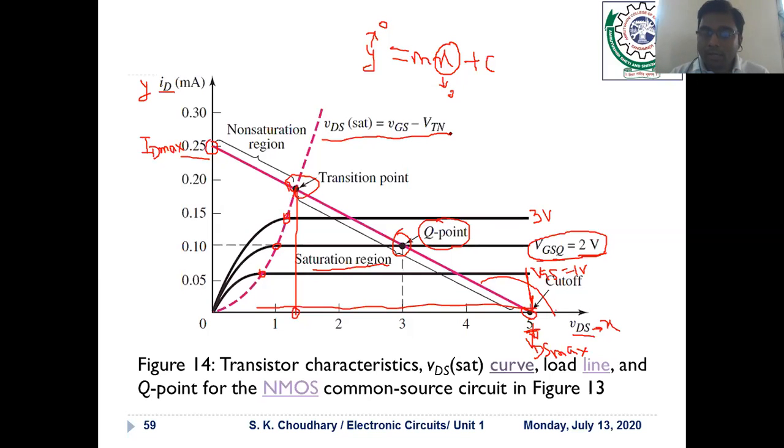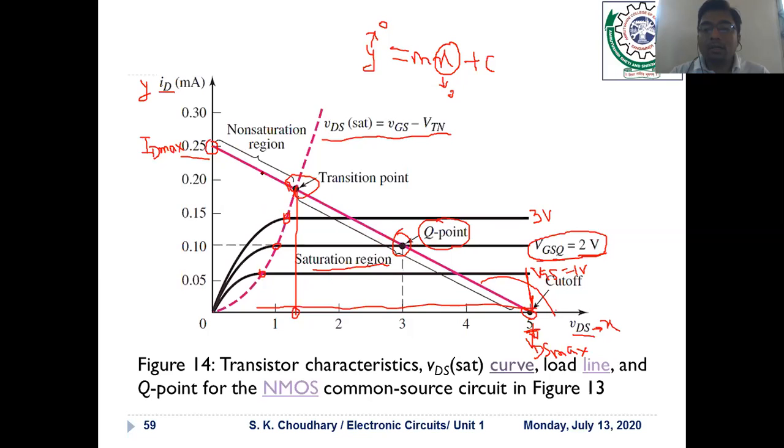When the position of the Q point is to the right-hand side of this transition point, it is in the saturation region. When the Q point moves to the left-hand side of the transition point, it enters the non-saturation region. So it acts as a boundary between the saturation region and the non-saturation region.